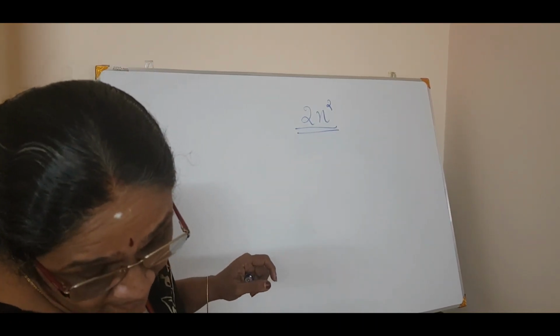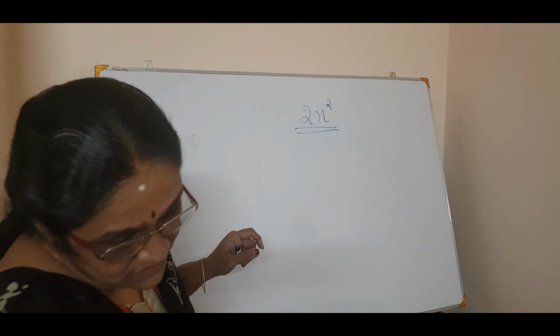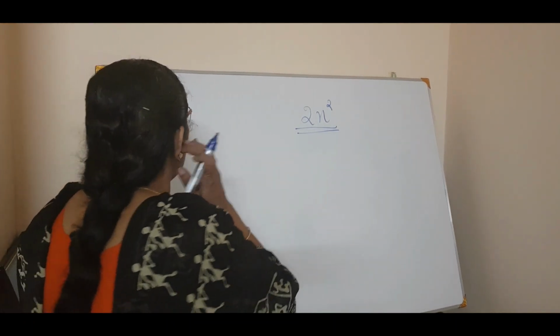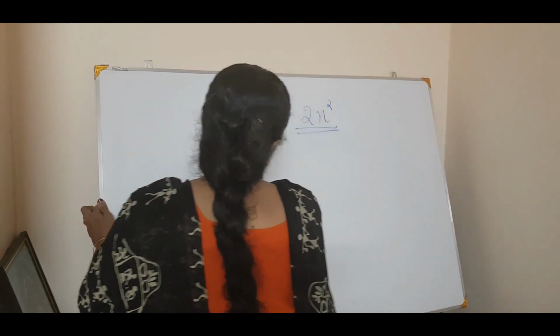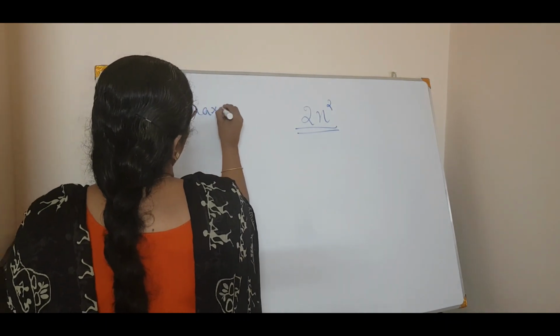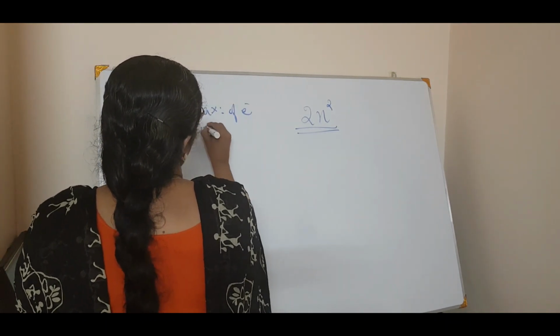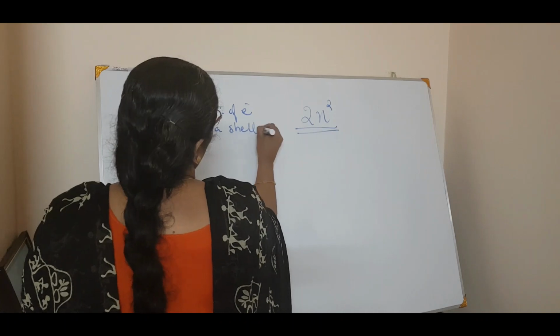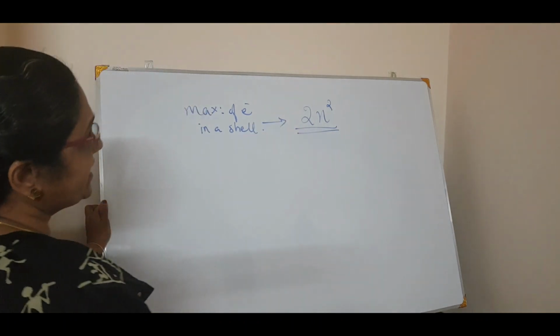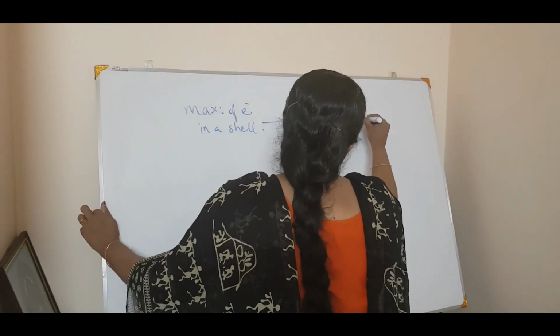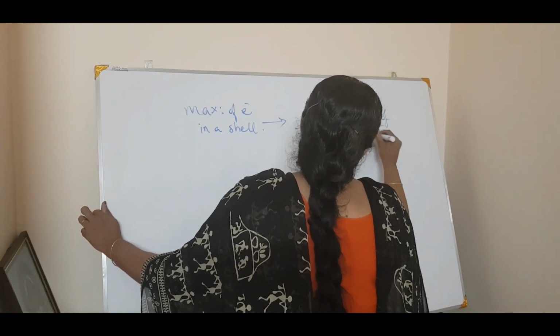The maximum number of electrons that can be accommodated in a shell depends upon the formula 2n square, where n is the number of the shell.